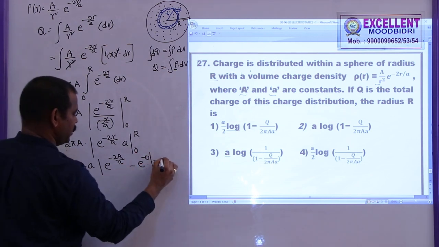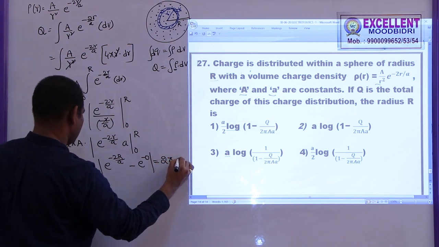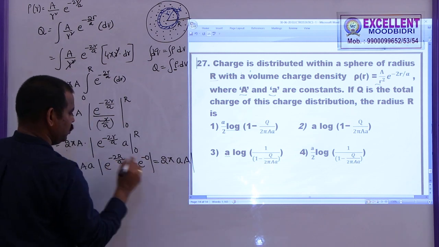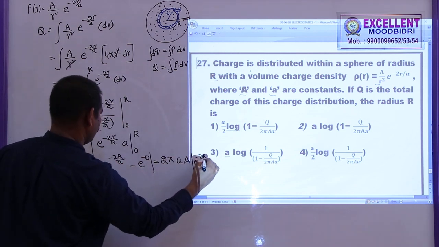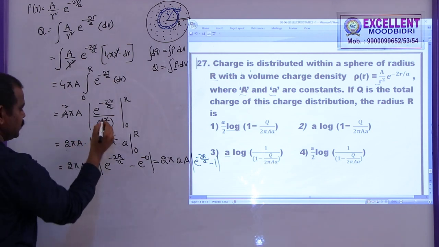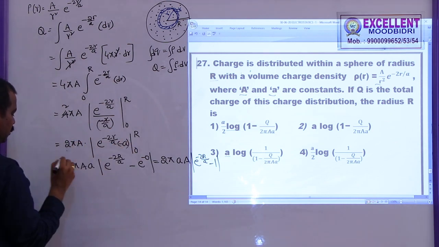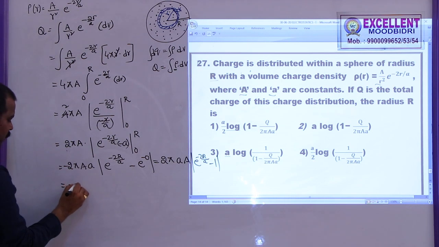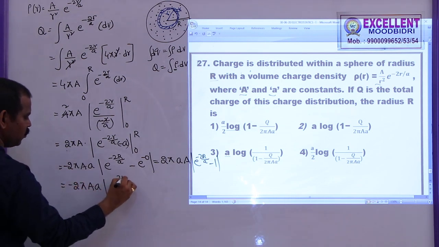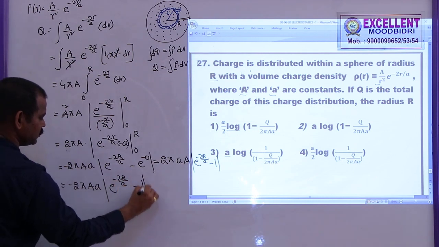So I can write this as 2πaA into e^(−2R/a) minus 1. But one minus is there, so this will become minus 2πAa times e^(−2R/a) minus 1.